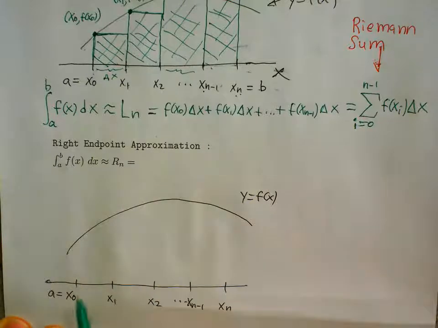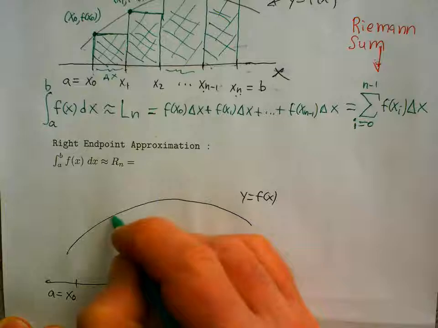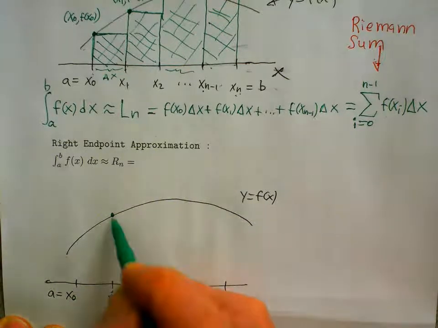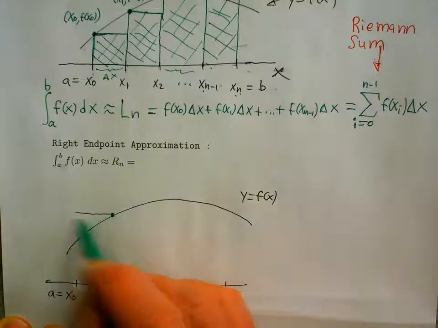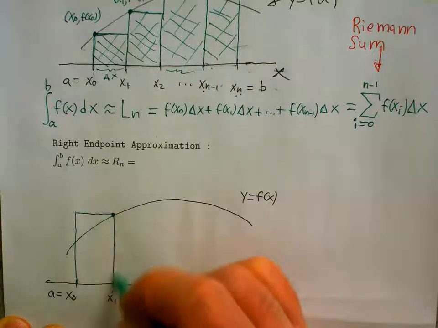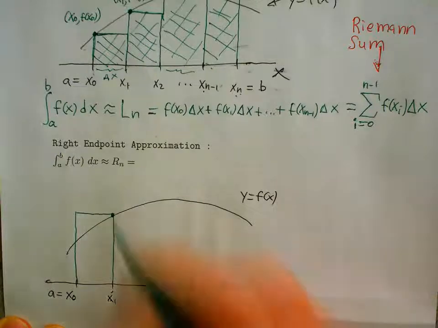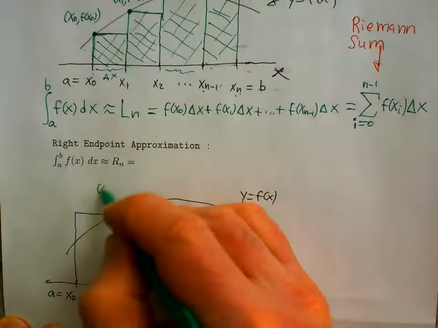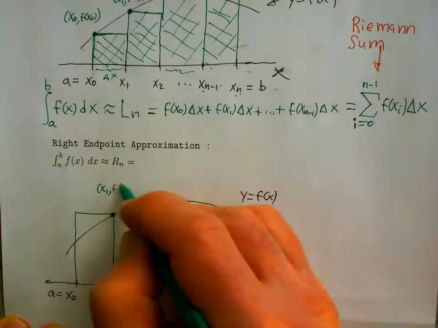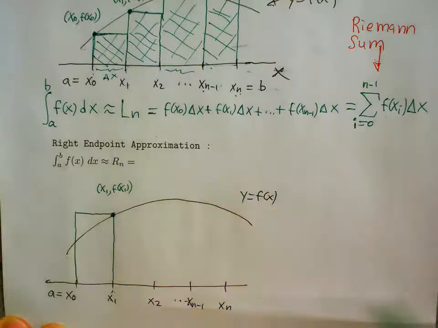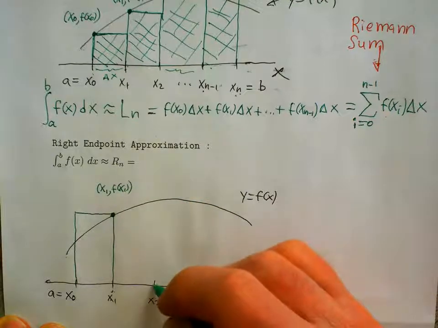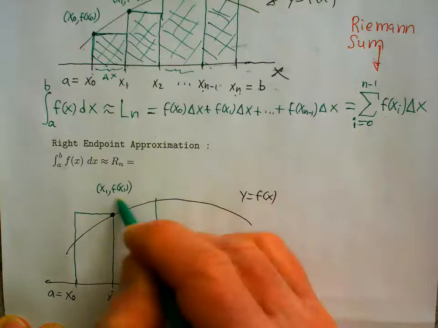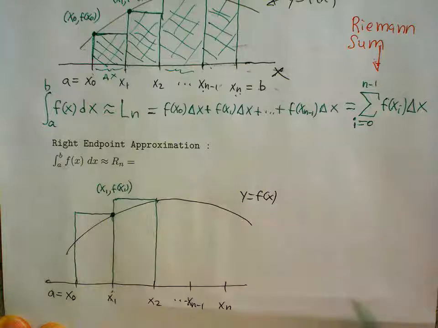And on the interval from x sub 0 to x sub 1, we're using the right endpoint to determine the height of the rectangle. This is for the right endpoint approximation. So this ordered pair is x sub 1, f of x sub 1. And then on all of the other subintervals, we use the right endpoint to determine the height of the rectangles.